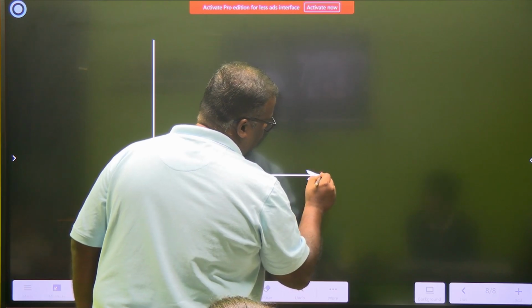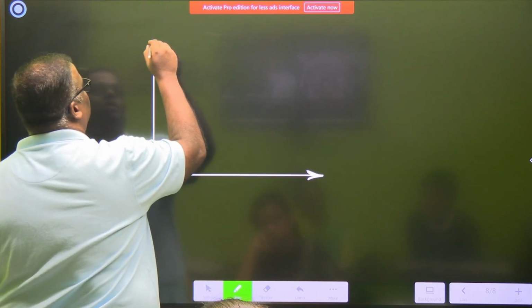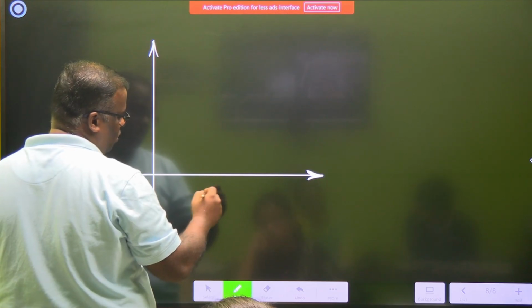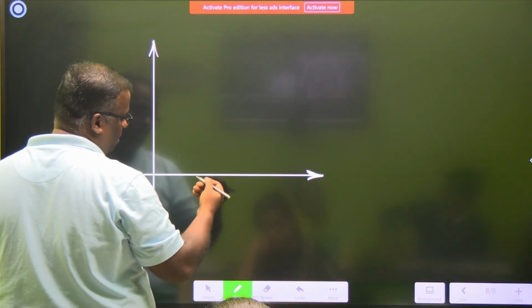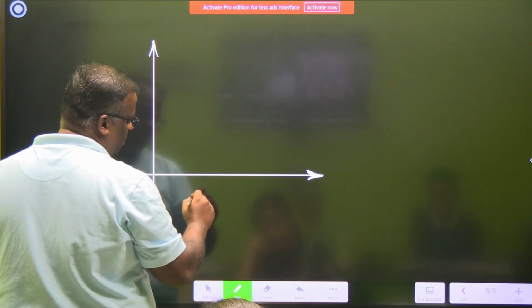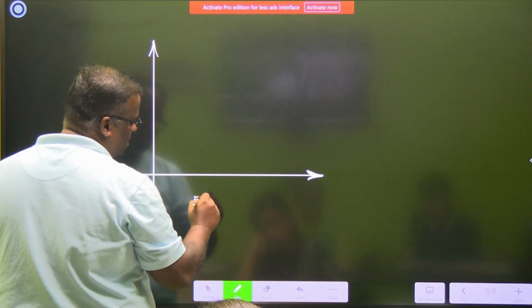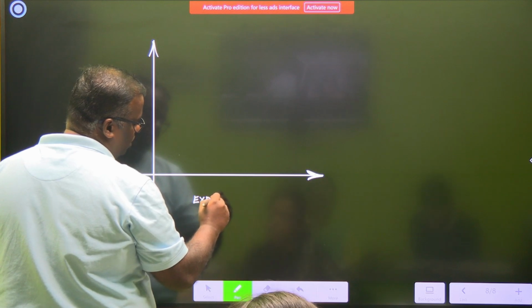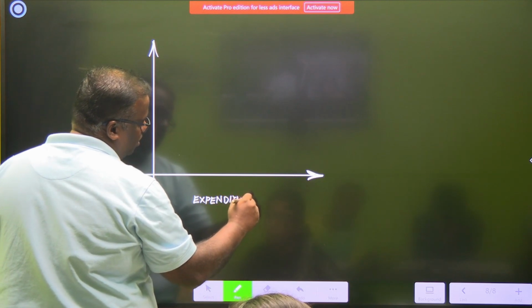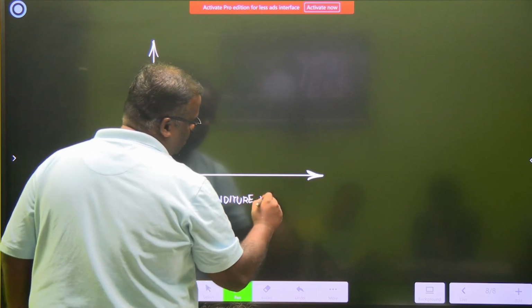Nice little arrows on this side, arrows on this side, and then say suppose this is your household items. So we write here expenditure heads. This should always be in block letters, which you won't write. Expenditure heads.